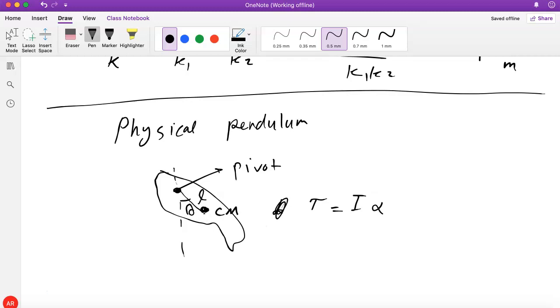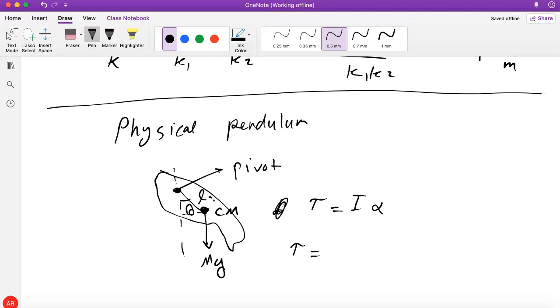So what is tau? Well, the net torque around the pivot point, the only force that I have is the force of gravity. We can think of it acting at the center of mass. So if that length is L from here to here, this is L sine theta. So tau is mgL sine theta, and in this case it's clockwise.